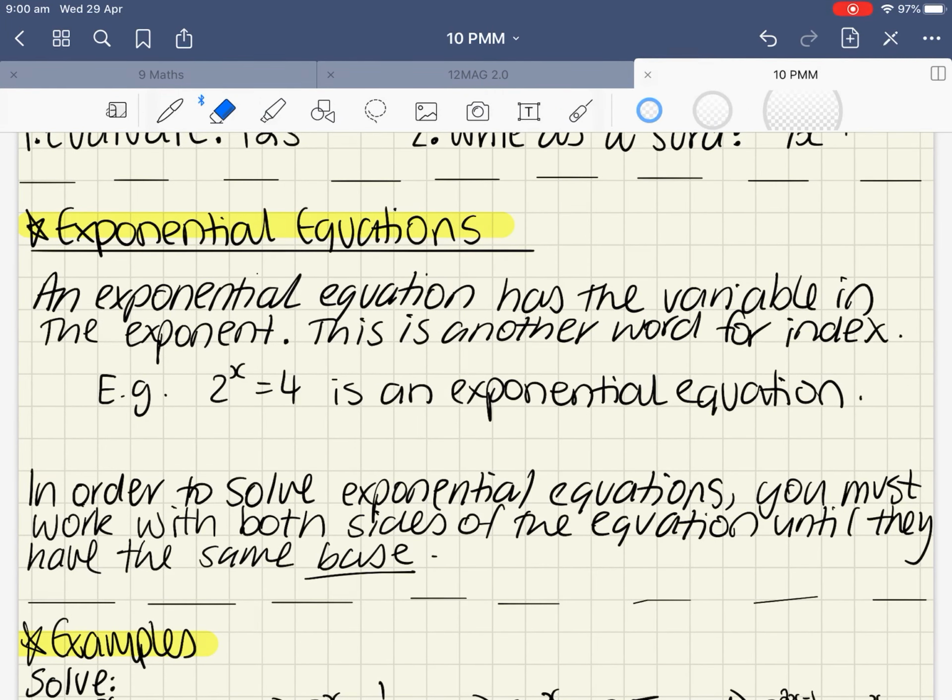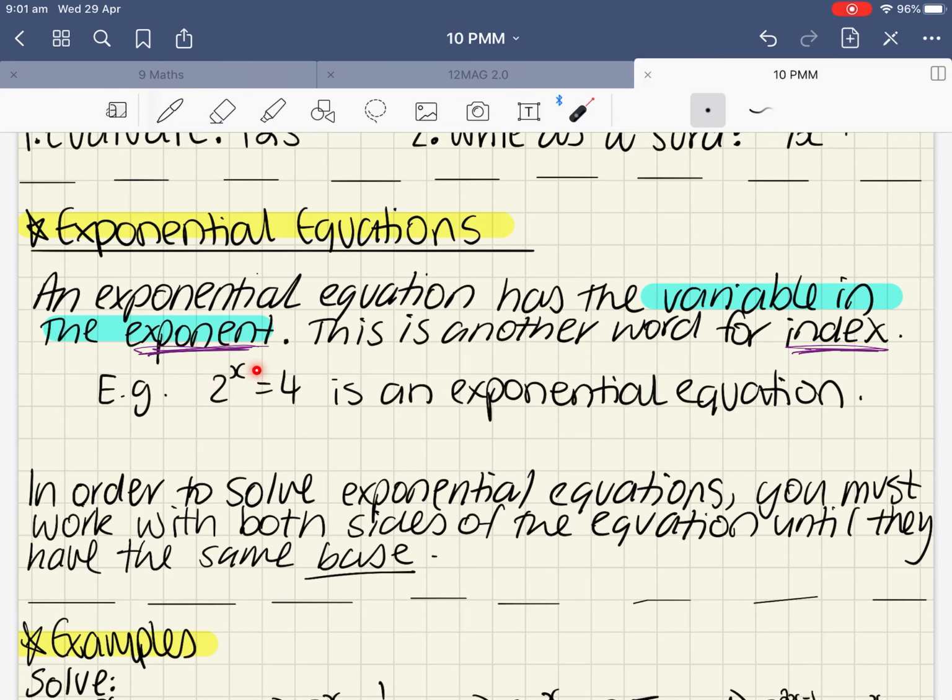Moving into exponential equations. Now, exponential equations very specifically have the variable in the exponent. Exponent is simply another word for index. You've been working with indices for the last few lessons now, so nothing to be afraid of at all.